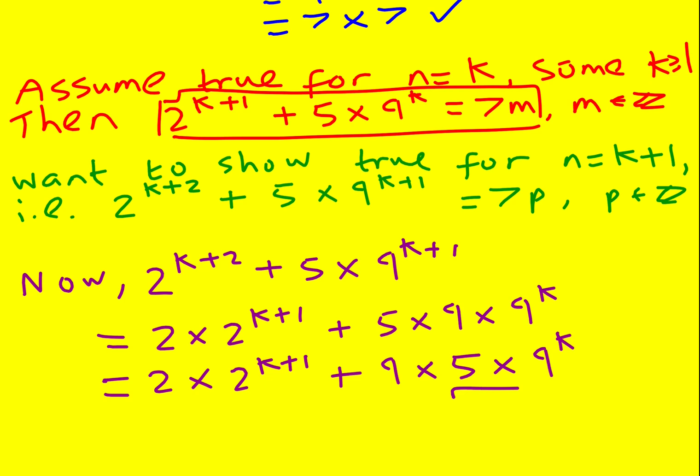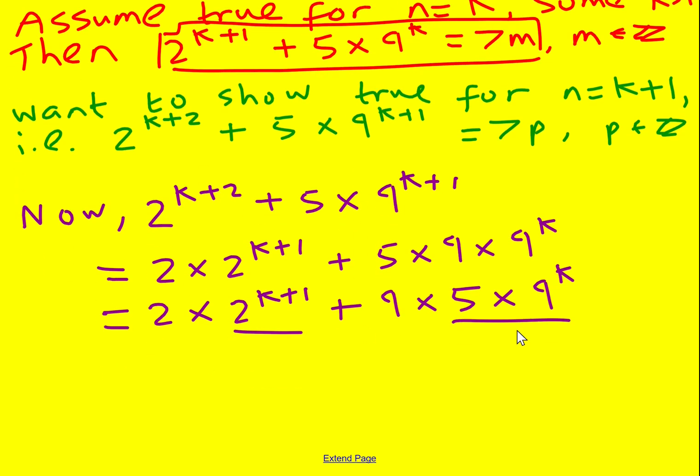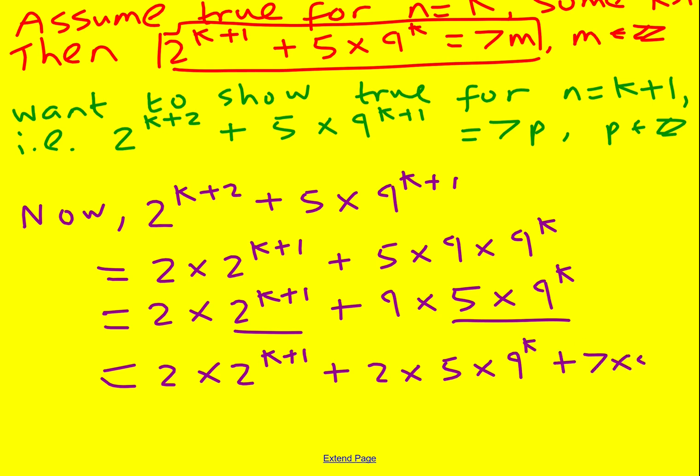Okay, so I've got this bit and I've got this bit. To be able to use this, I need as much of it together as I can. So actually, I've got 2 lots of this, and I can combine it with 2 lots of this. So I can write it as 2 times 2 to the k plus 1 plus 2 times 5 times 9 to the k, and then the remaining 7 times 5 times 9 to the k.